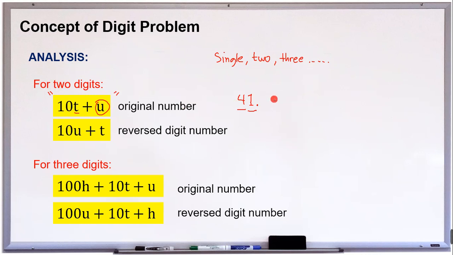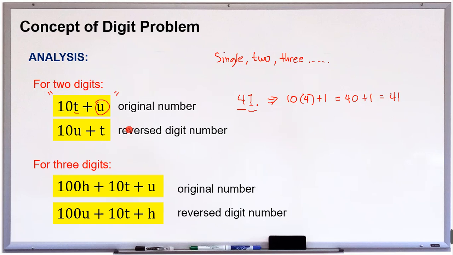So if we rewrite 41 in this form, that would be 10 times 4 plus 1, which is 40 plus 1, or simply 41. This is how you denote the original number, that is 10T plus U.